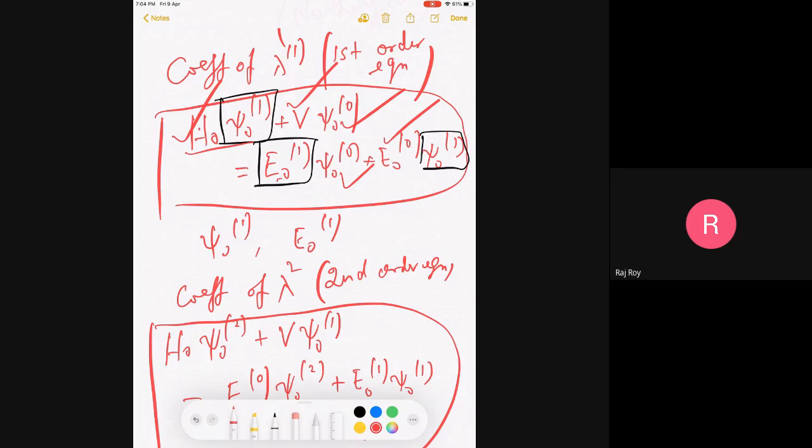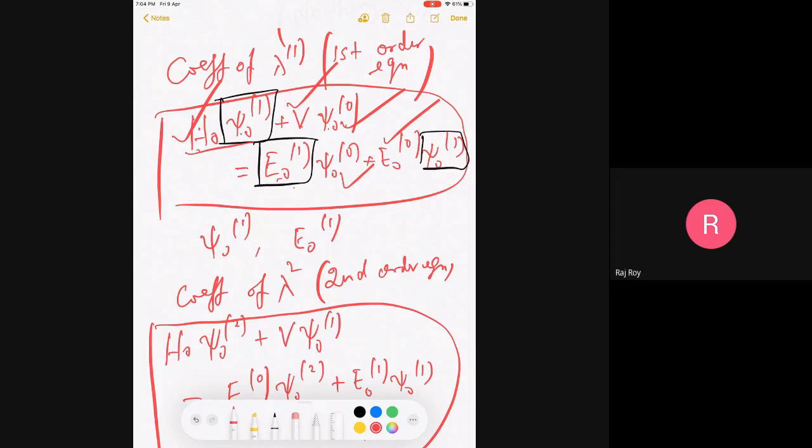So it can be 0th order H, first order psi. Or first order H. What is first order H? That is V. Because my H is H naught plus lambda V, H of lambda. So V, if this is first order, this cannot be first order. This has to be 0th order.